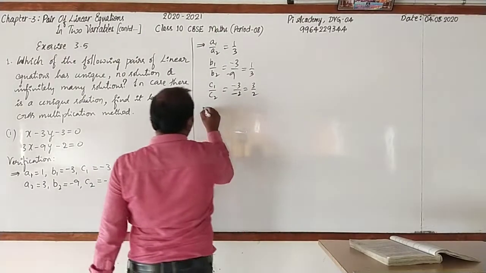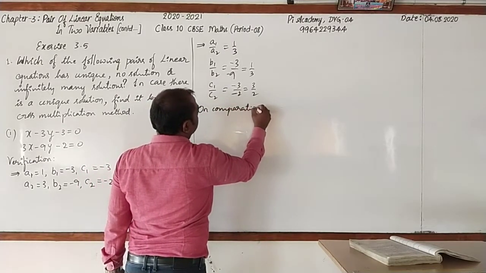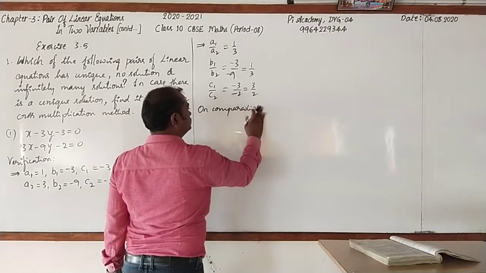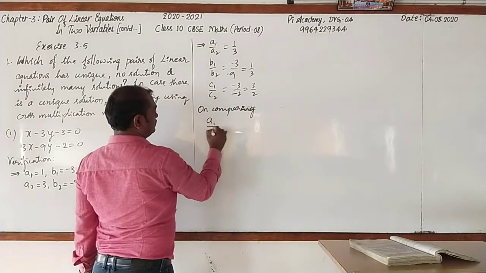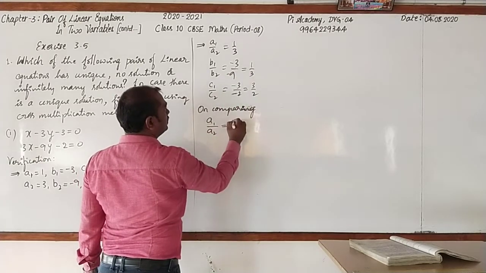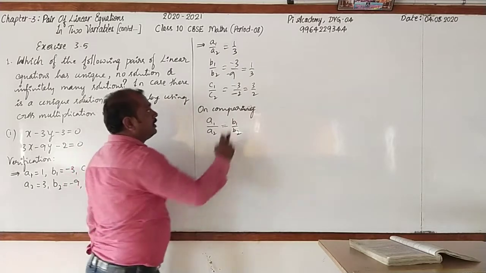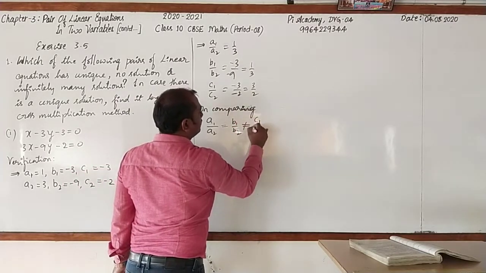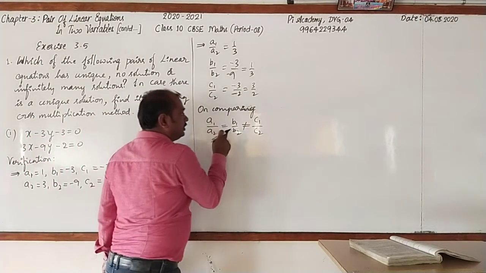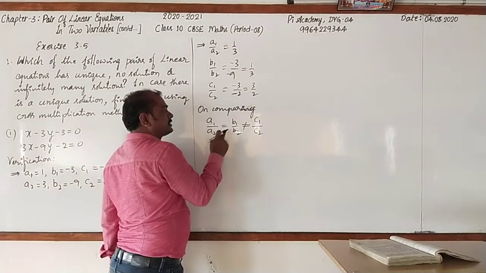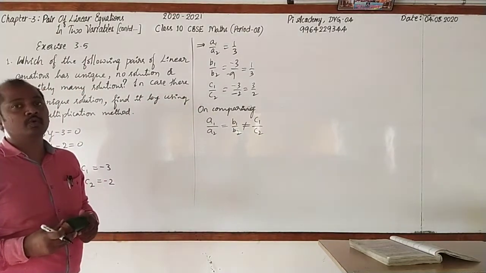Just go for comparing. On comparing all the three ratios, we can write A1 by A2 is equal to B1 by B2, because both are equal to 1 by 3, but not equal to C1 by C2. Then if the given equations satisfy this condition, we can say that the given equations have no solution.